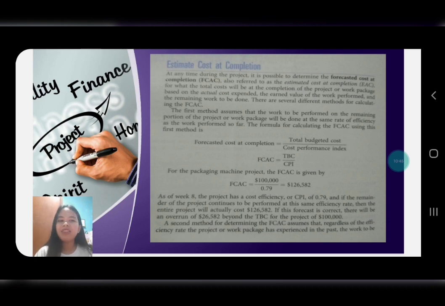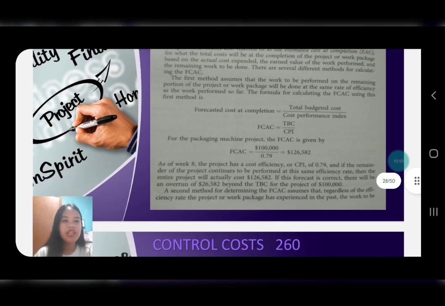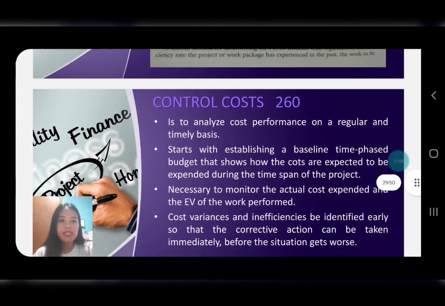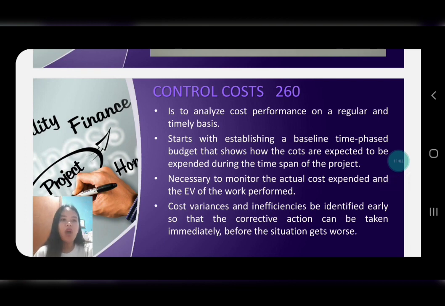A second method of determining an FCAC assumes that regardless of the efficiency rate the project or work package has experienced in the past, the work will be done at the budgeted cost. Control cost is the analysis of cost performance on a regular and timely basis.